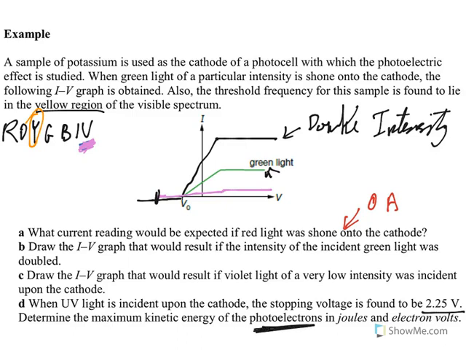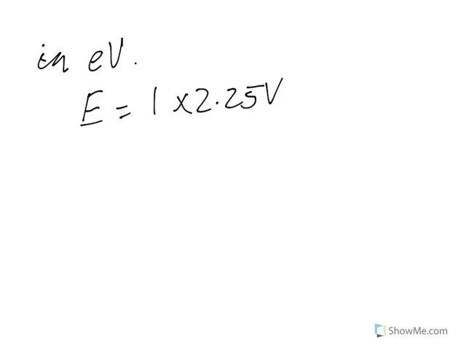Because these are photoelectrons, you've got one electron times 2.25 volts. So in eV, the energy is one electron times 2.25 volts, which is 2.25 electron volts.